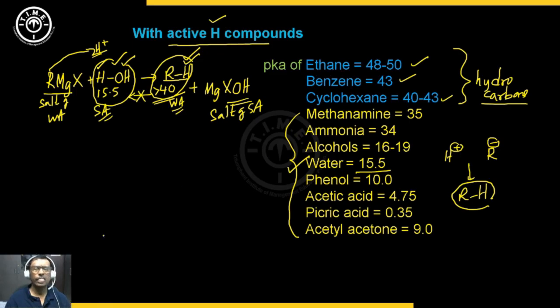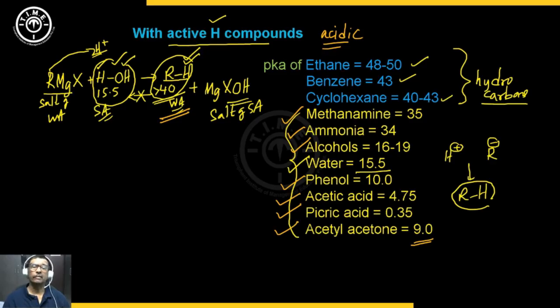We have alcohol, we have ammonia, we have methanamine, we have phenol, acetic acid, picric acid, acetyl acetone. See how low their pKa values are. So they are all active hydrogen compounds, which means that they are acidic when compared to the hydrocarbon product that we get from here. Is that clear?